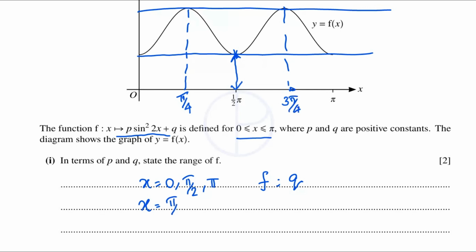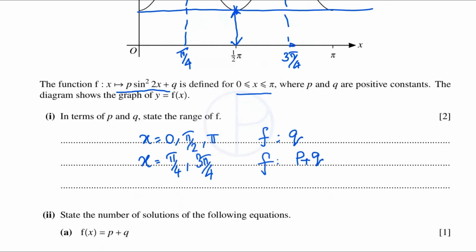So at pi over 4 and 3 pi over 4, the function f takes the maximum value. What is the maximum value it takes? Substitute the x value as pi over 4. So we get sine square of 2 multiplied by pi over 4, which is nothing but sine square pi over 2. Sine pi over 2 is 1. p multiplied by 1 plus q. So this is p plus q.